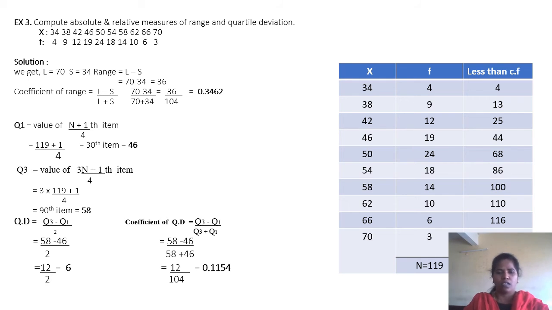So 58 minus 46 divided by 58 plus 46 equals 0.1154. I hope you understand discrete frequency relative measures like range and quartile deviation.